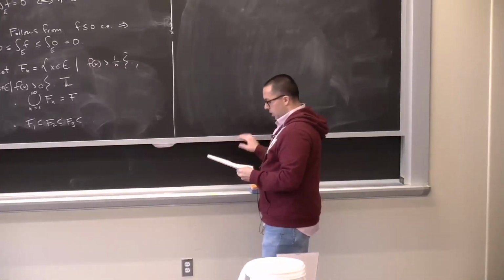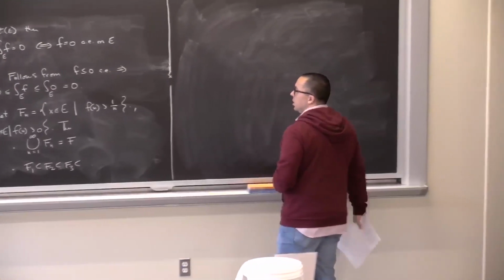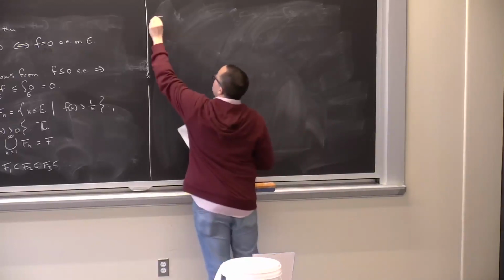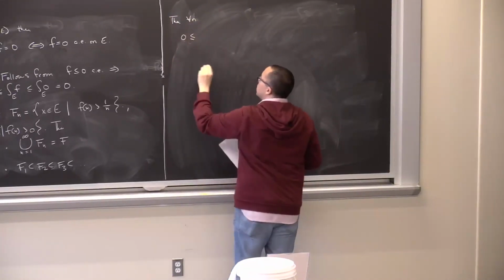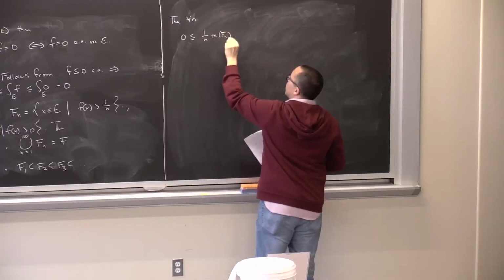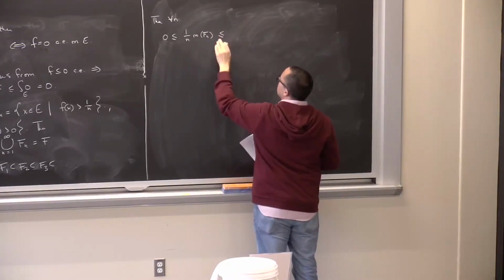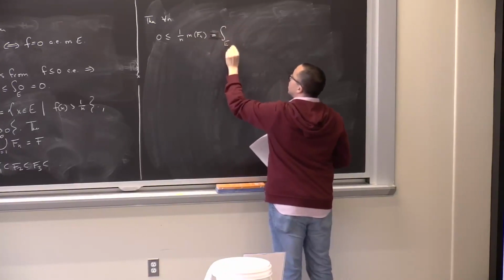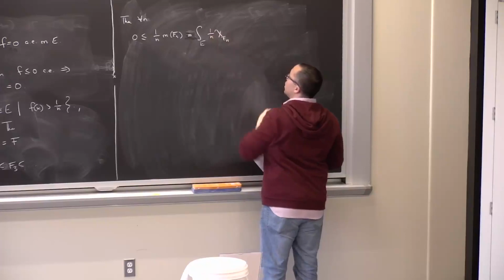Right. So now we'll use again continuity of Lebesgue measure. For all n, 0 is less than or equal to 1 over n times the measure of F_n. This is equal to the integral over E of 1 over n times the indicator function of F_n.